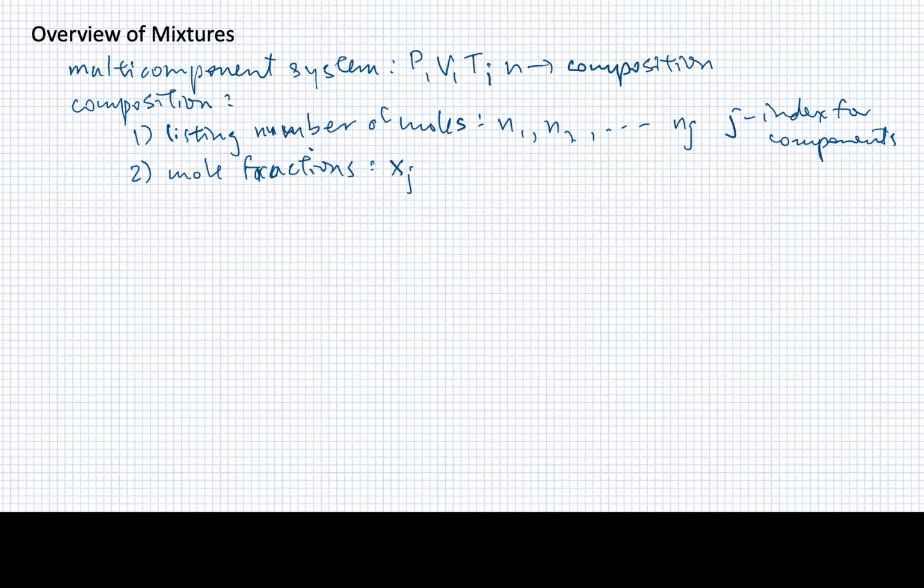In the past I've used chi, the Greek letter chi, to indicate mole fraction. That's a common usage. But we're going to want to distinguish between mole fractions that are in liquid or solution, so I'll use X for that, from mole fractions that might be in the gas phase, and so I'll use Y to indicate those mole fractions that are in the gas phase. That way we can always tell the difference.